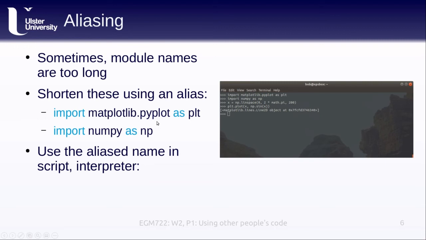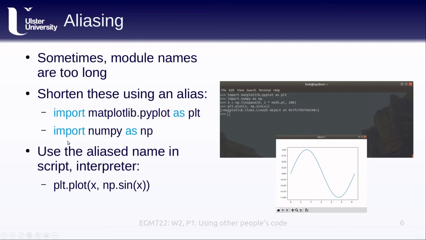So the interpreter has no idea what matplotlib.pyplot is because we have renamed it. So we need to make sure that we keep track of whatever we have imported different modules as. And when we do that, we can, for example, use a line like this: plt.plot, and then some variable x, and then the sine of x, and we get a nice graph like this.